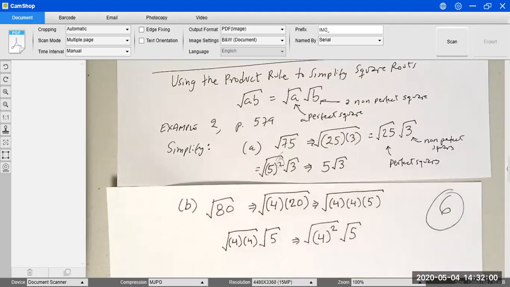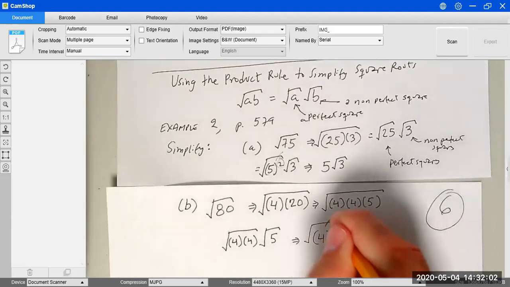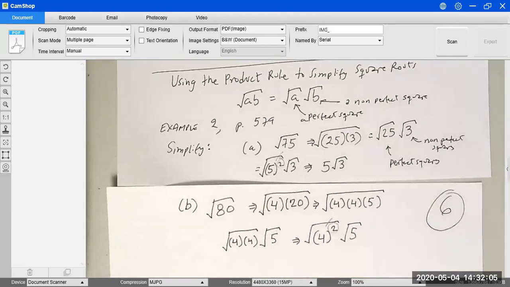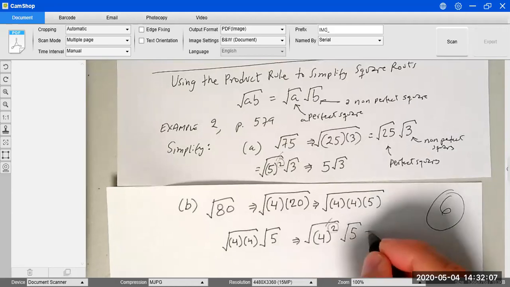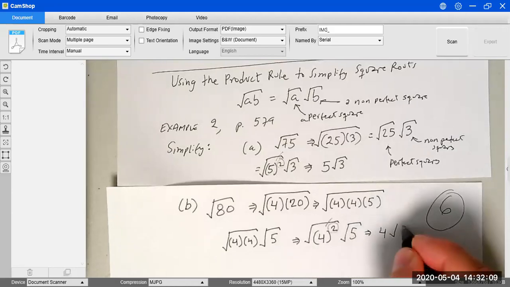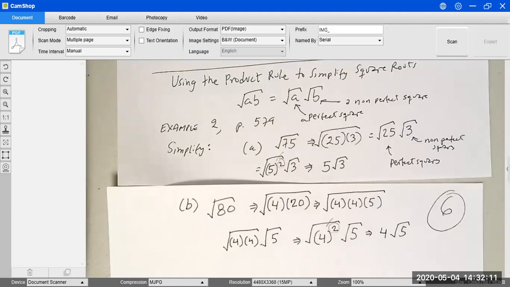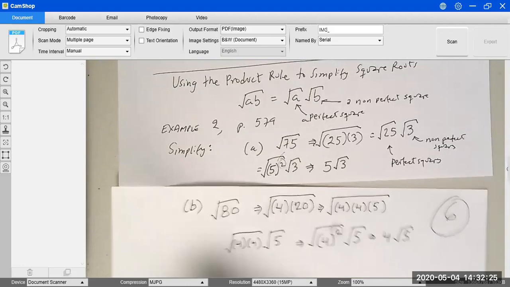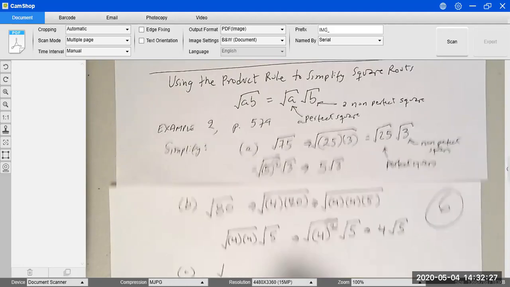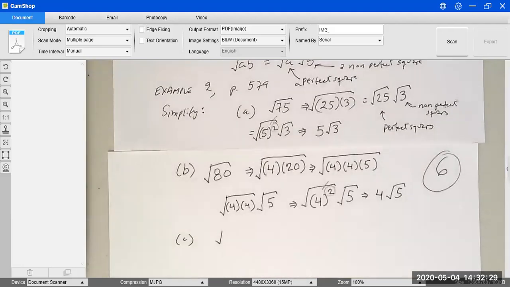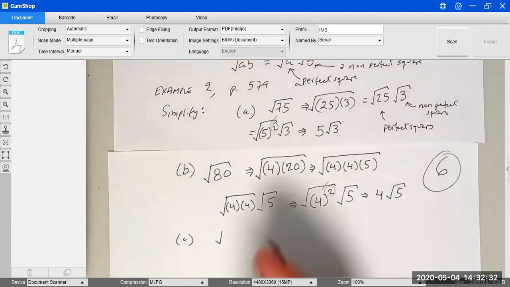Then the final step is we can remove the radical and the exponent, and the final answer is going to be 4 times the square root of 5. So 4 radical 5. It's the way that mathematicians say 4 radical 5. So finally, the last problem is the square root of 38.